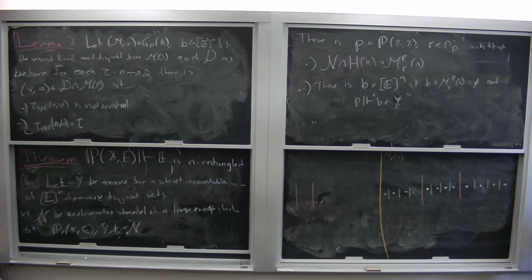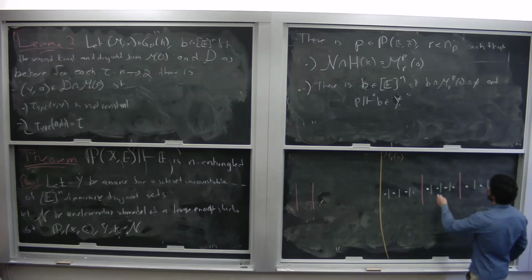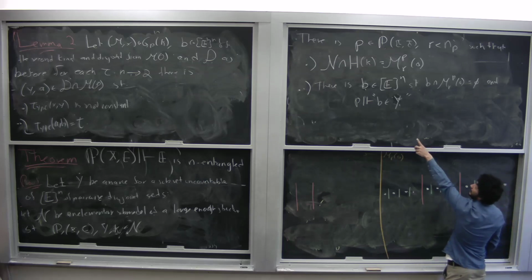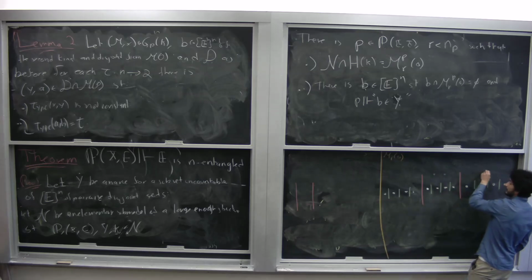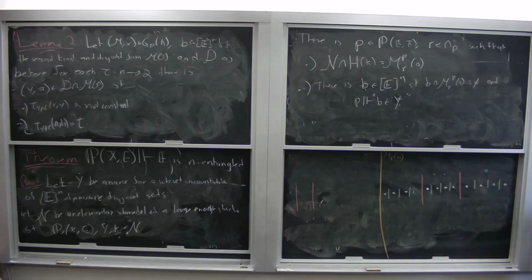So what is the idea now? The idea is to use this tree argument of Abraham, Rubin and Shelah. Here we have these tuples of points, and the element B in E^n looks like this in the drawing.